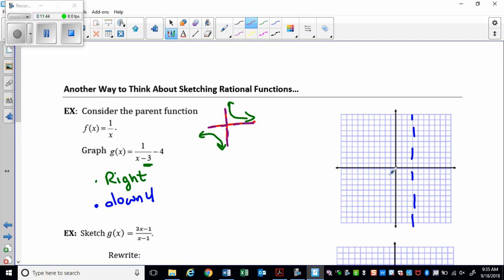And then it was at y equals 0. Now it's going to be down 4. 1, 2, 3, 4. And it's going to look pretty much the same. There's no negative or anything on the outside. So it's going to be in the same quadrant. You can test points to make sure. Alrighty, that's it.